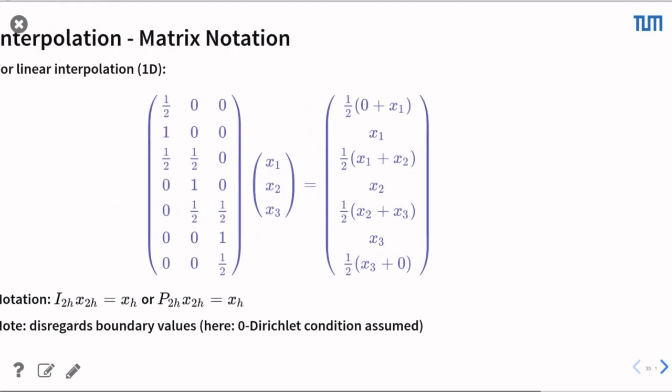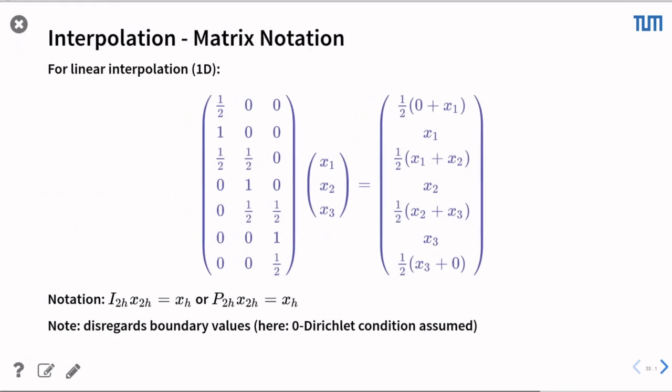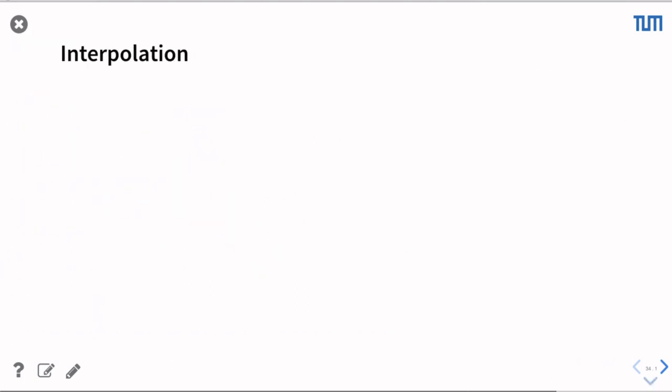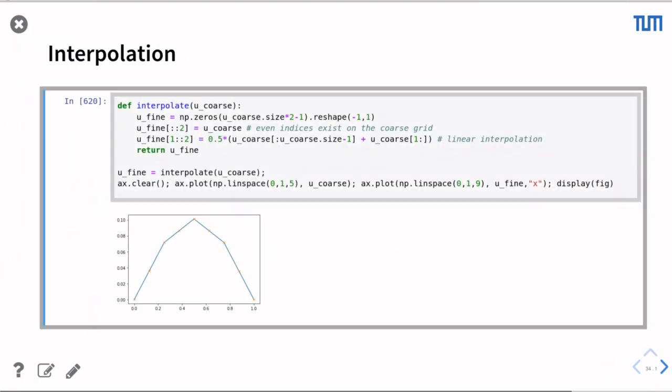That's exactly the ones written here, x1, x2, x3. And then the odd ones need to be computed. So now they're 1/2 of U coarse at i plus U coarse at i plus 1. Okay, and then that gives us this picture.